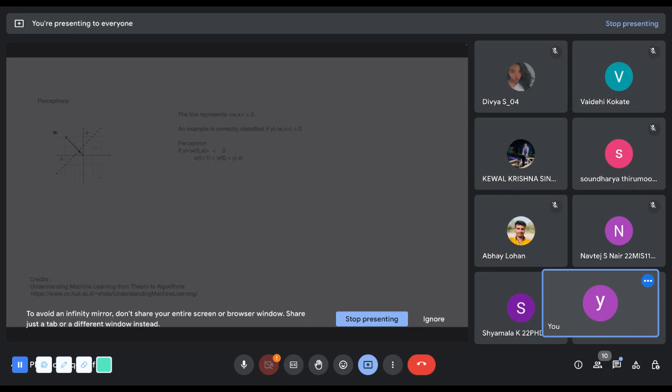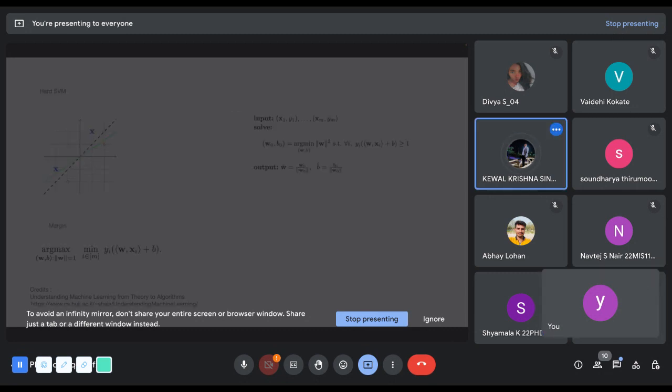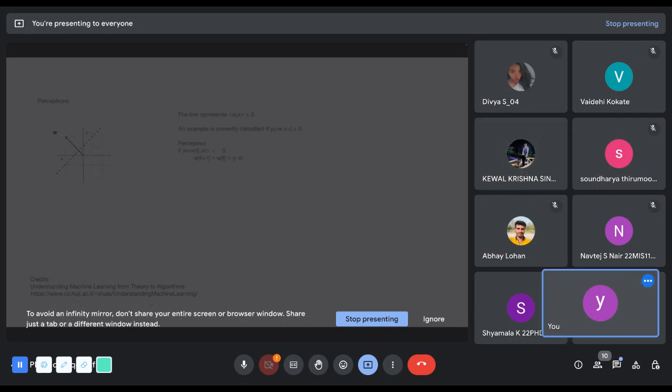And the b is the bias over here. Just ignore that bias, because you can always move things up. B is the bias, that's right.